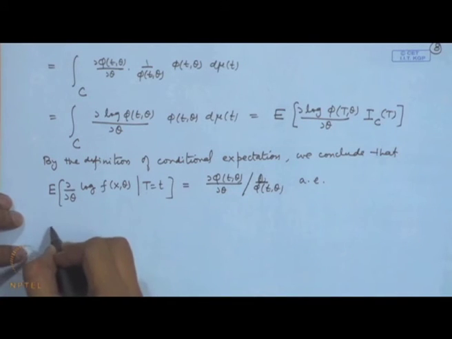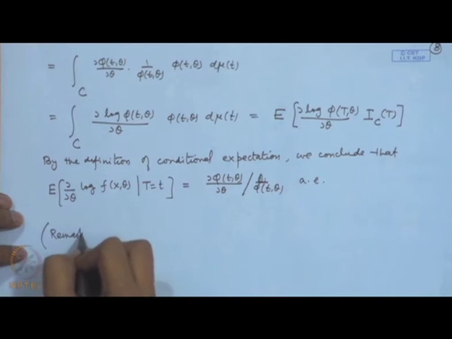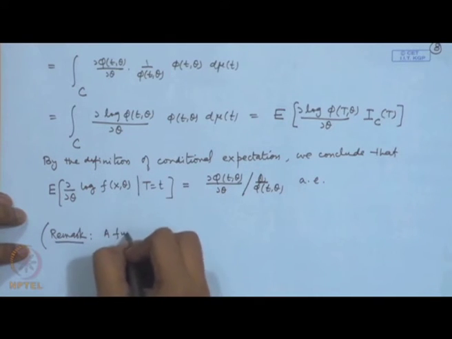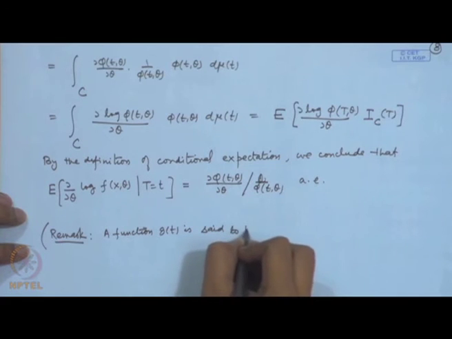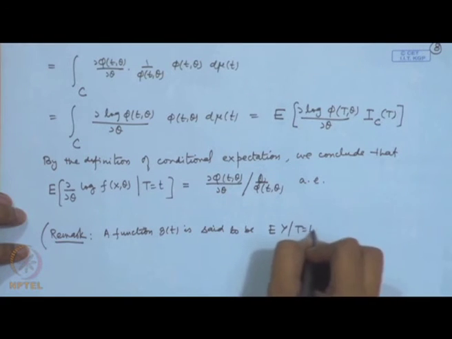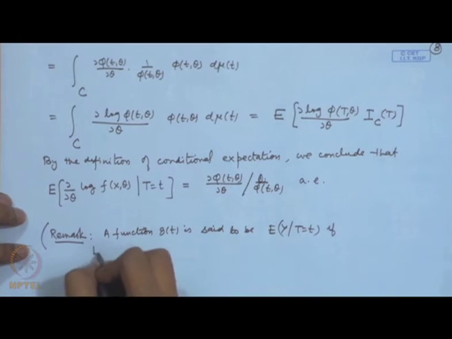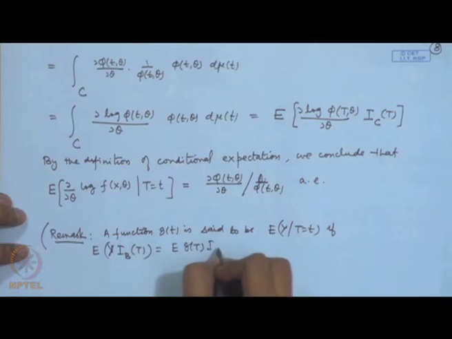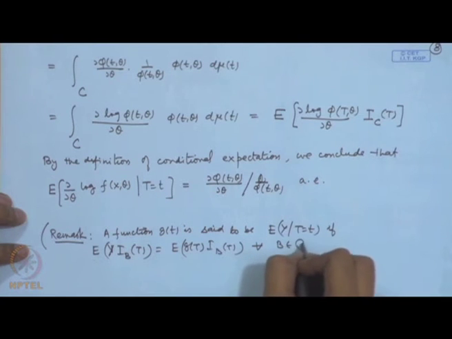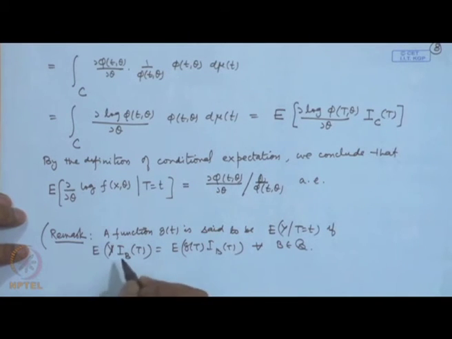In fact, let me write here a remark: a function g(T) is said to be the conditional expectation of Y given T if expectation of Y I_B(T) is equal to expectation of g(T) I_B(T) for all Borel measurable sets B. So, we have used this definition here.